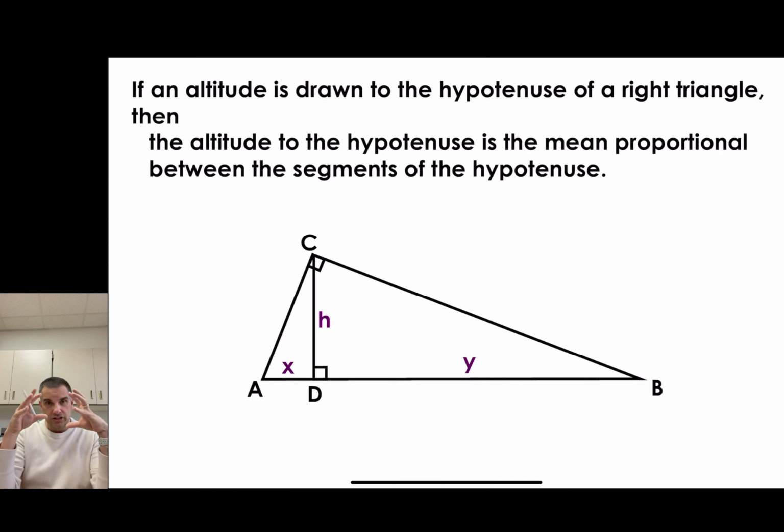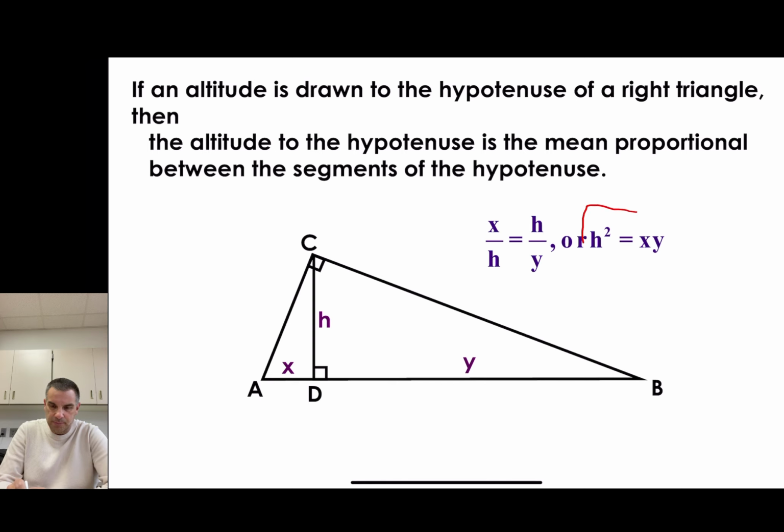We could take these and draw all of these different triangles and set up proportions to help us find the value of h, or the value of y, or the value of x. We could certainly do that. But it really becomes about the parts. And this is what I want you to get down here. And this specifically is what I want you to write down.